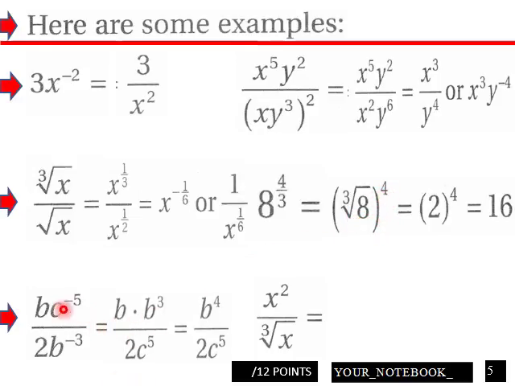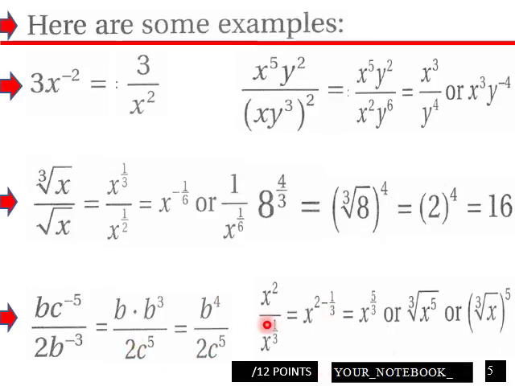And then up here, we do our manipulations for negative exponents, then we simplify and we end up with b to the 4th over 2c to the 5th. These flip, and then we can further factor out by that.